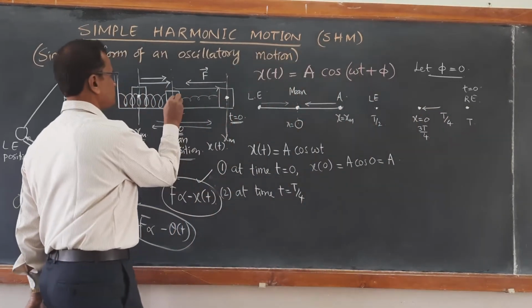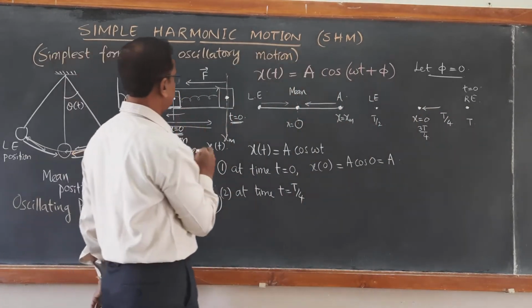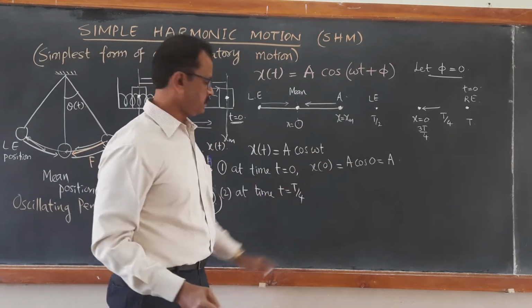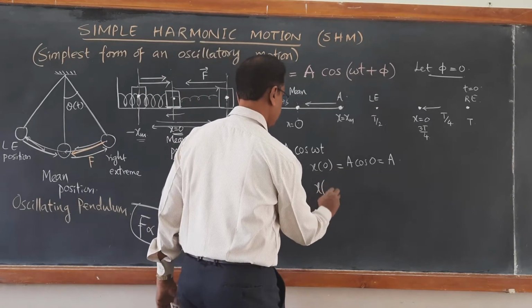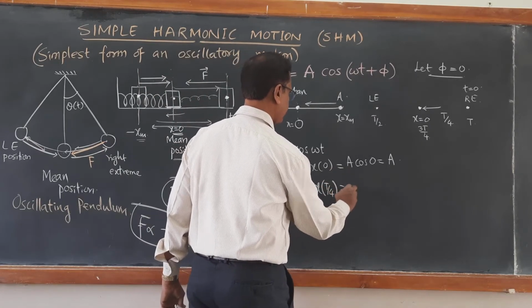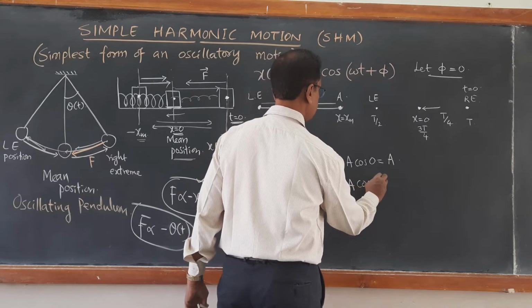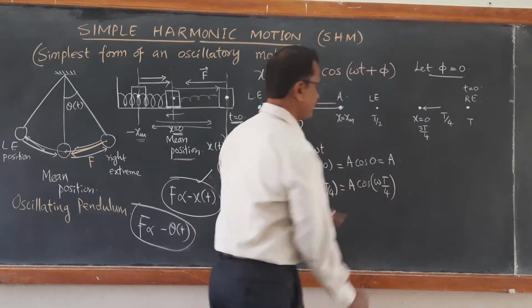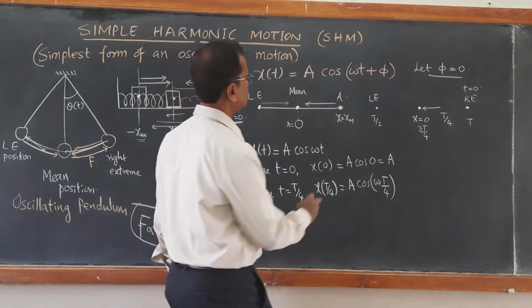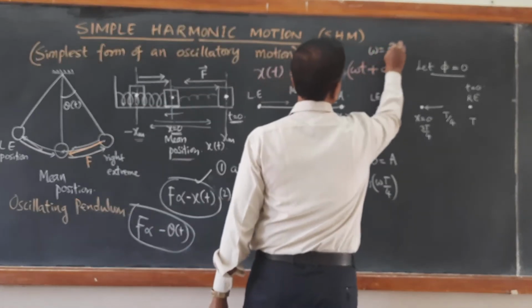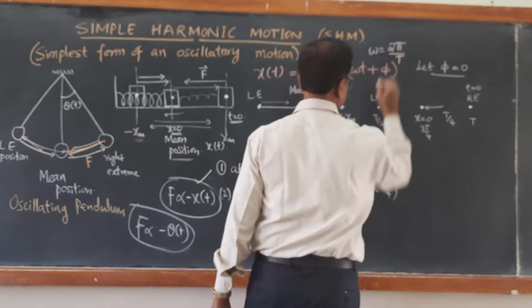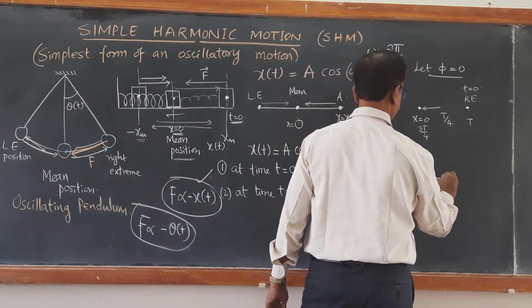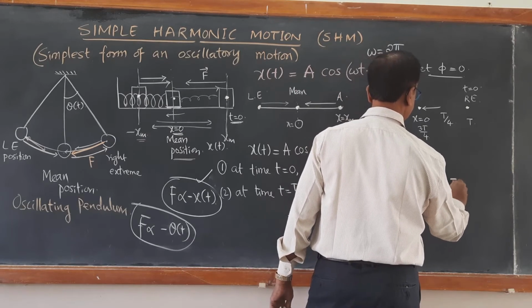Let us see, we should get 0. X at t by 4 can be calculated as a cos omega into t by 4. Omega, we know, is equal to 2 pi by T.